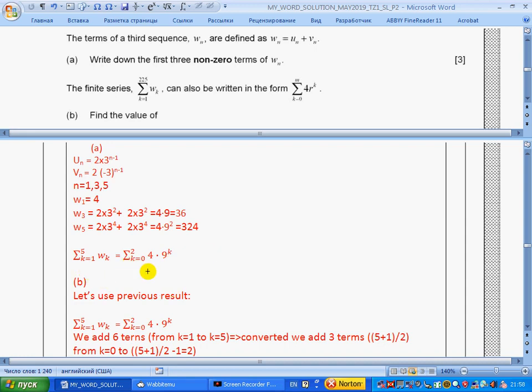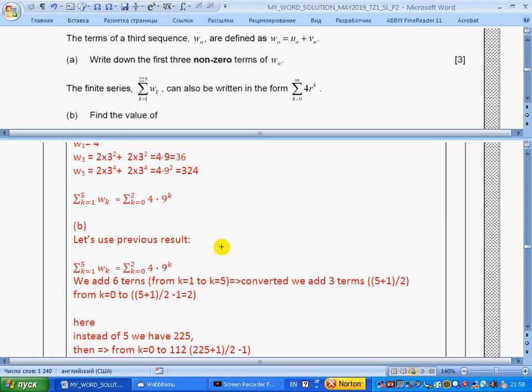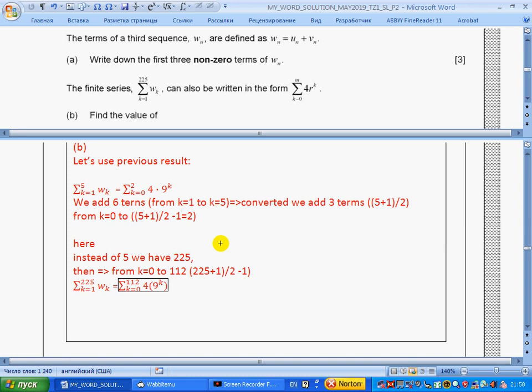Using this previous result, we can add 6 terms from 1 to 5. Converted, we add 3 terms from k to 2. Here instead of 5 we have 225. Then from k 0 to 112, and this is how we rewrite it.